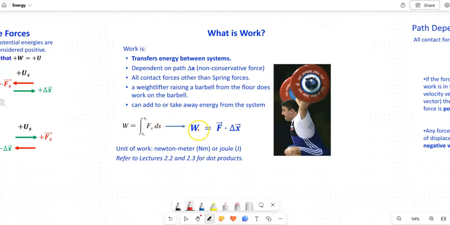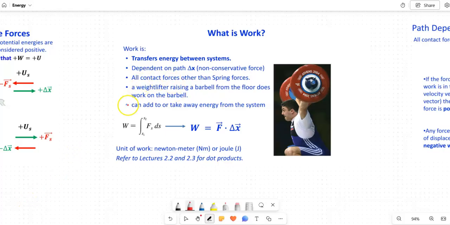So these work forces transfer energy between kinetic energy and potential energy. Well, they can do that, but work is the result of all these different transfers of energy between systems. Okay?